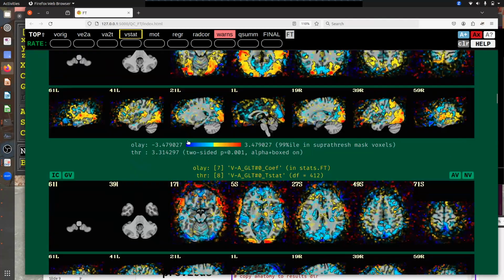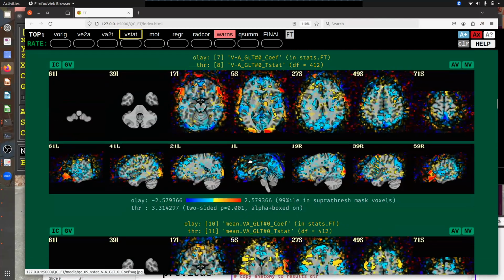I think the other part where I focused on it was in the contrast map here. This contrast is visual minus audio. So literally where visual is much bigger than audio will be very positive, and where audio is much bigger than visual will be very negative. The blue here is where the audio response was much bigger than visual, so it makes sense that we see that in the audio cortex.